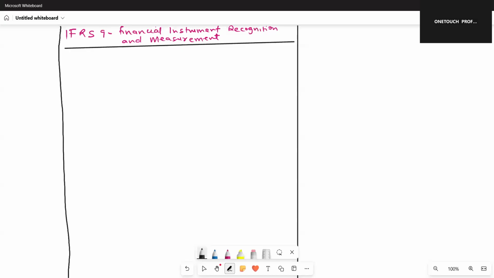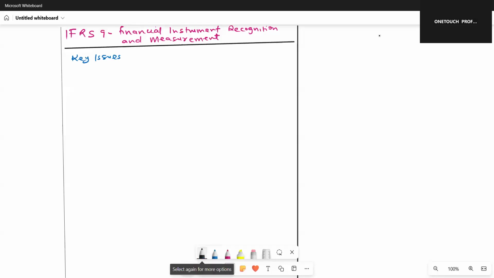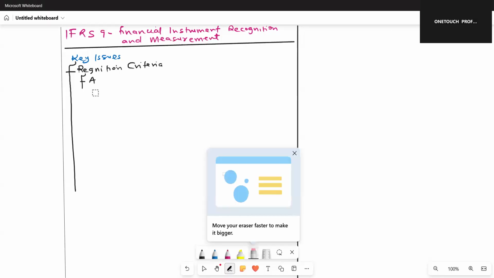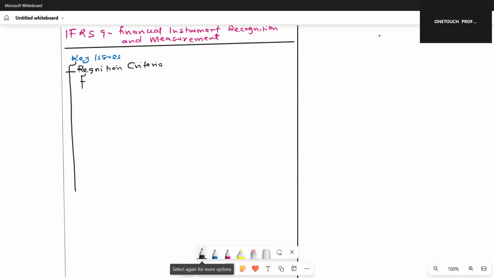So we want to look at the key issues. The key issues we'll be interested in are the recognition criteria, specifically for financial assets, because that's where we have the problem.